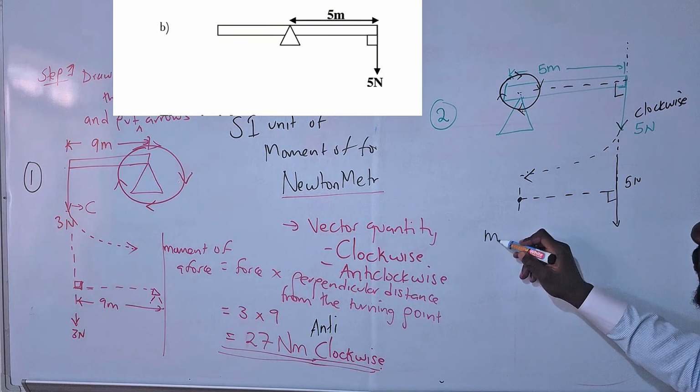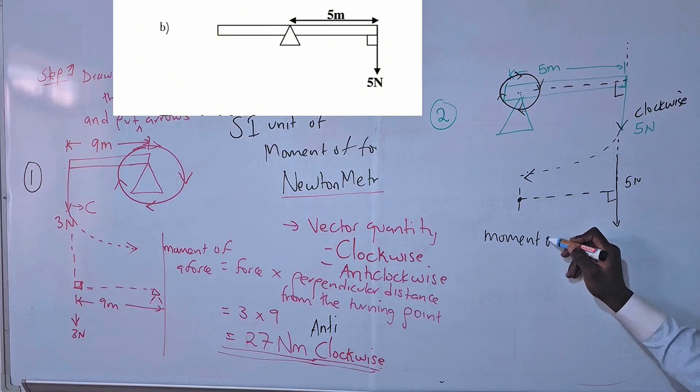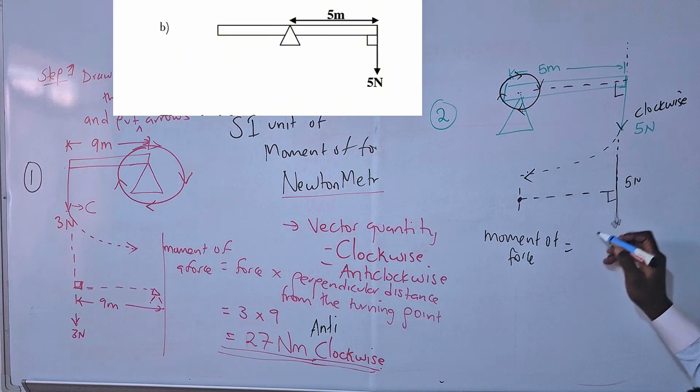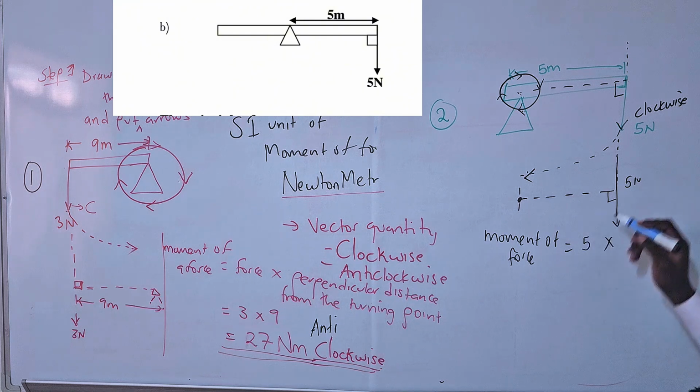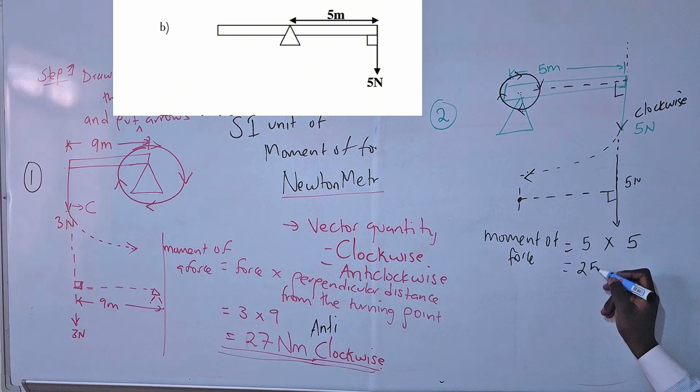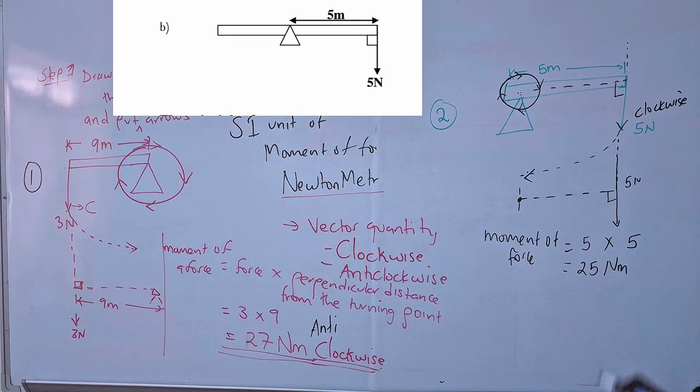So the moment of a force will be the force times the perpendicular distance from the turning point. And this gives us 25 Newton meters. Don't forget the direction and the units. Clockwise.